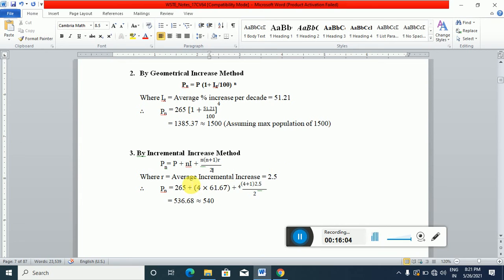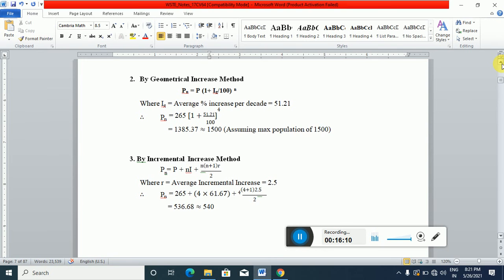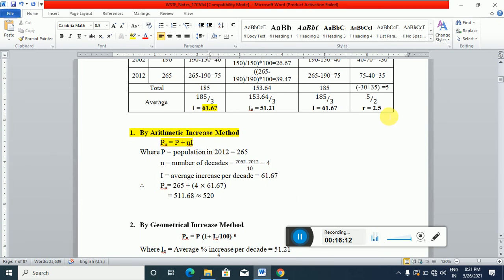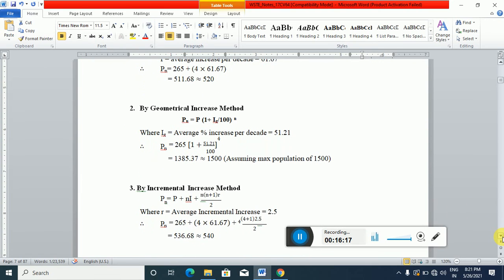Where R is the average incremental increase, that is equal to 5 divided by 2, so that is called R. Here we have estimated it as 2.5.